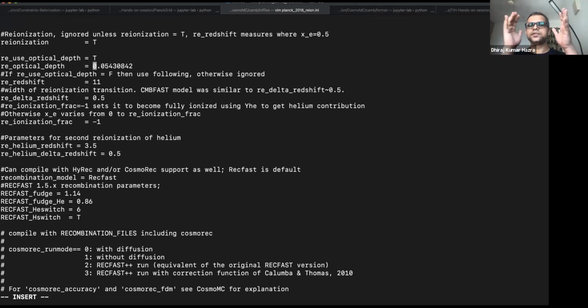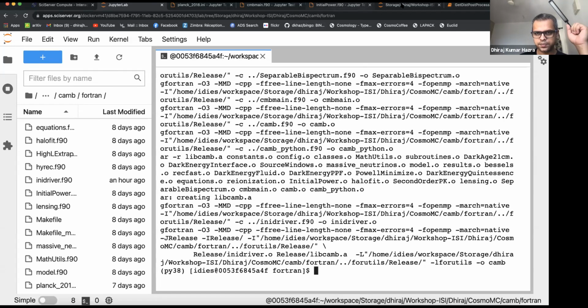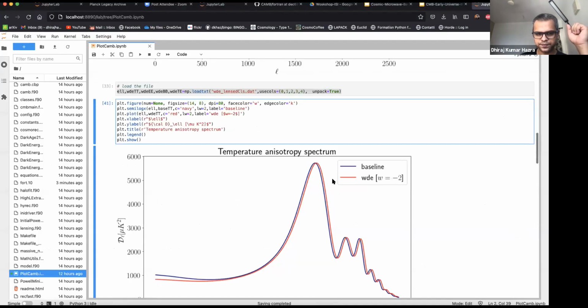Reionization optical depth is the... okay. Let me, before going to that, let me cover another part that is here.